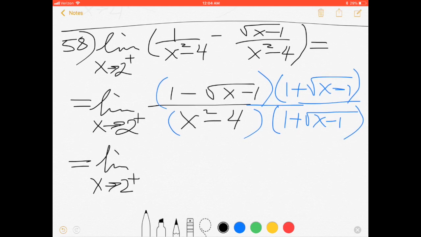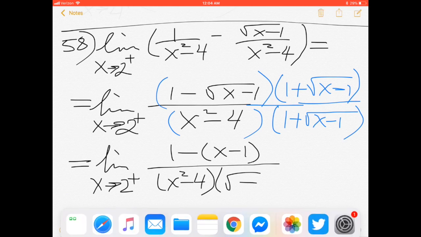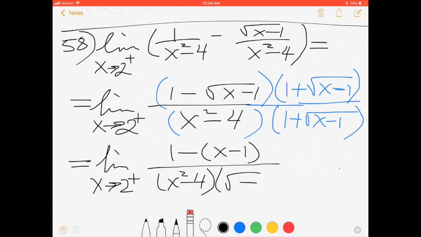We have 1 minus x minus 1. Here we still have the same. Oops, I'm going to the root a little bit early. Then I need, okay, I have 1 plus square root of x minus 1. Continue.